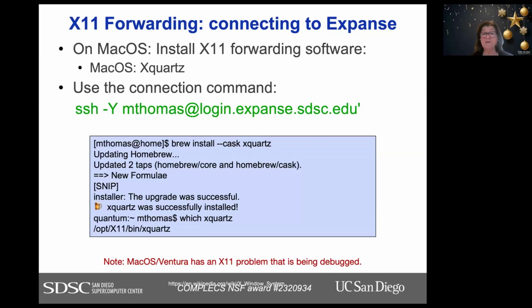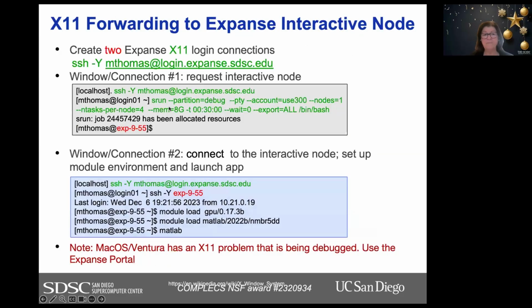They worked the last time I tested them, so we're recommending that in the event of an application you want to run, see if it's on the Expanse portal, so all of that X11 forwarding is taken care of for you, or see if we can get it installed and supported for you. But to access and activate X11, you can use the -Y in your SSH login command. And that just sets up that server and gets it involved in your communications.